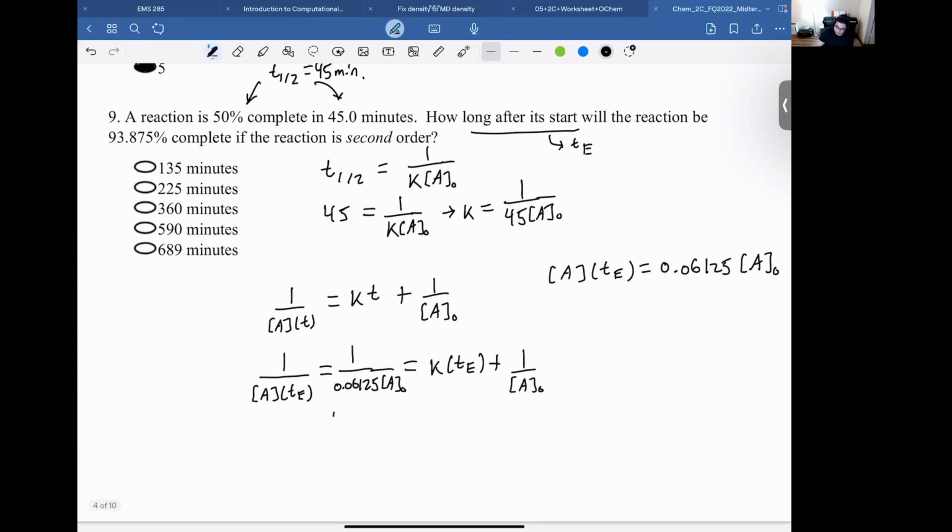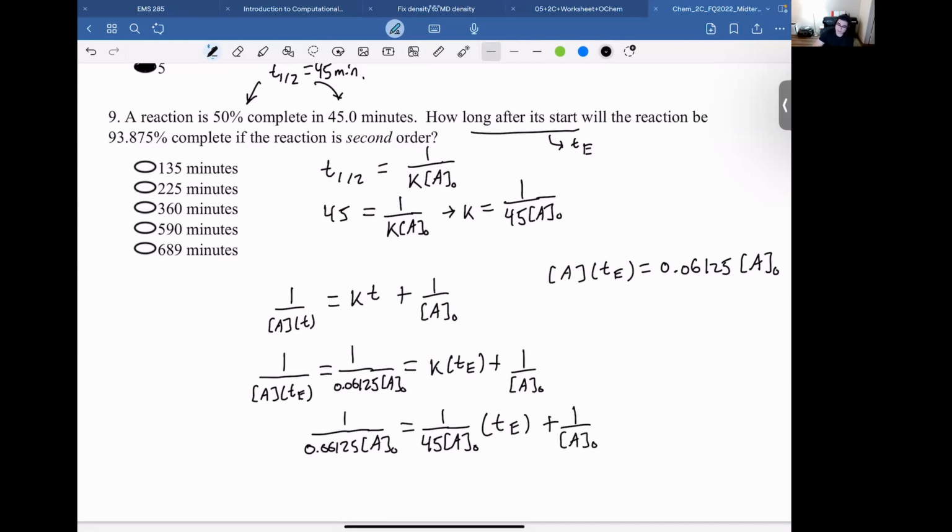Then when I plug it in down here, 0.6125 times A naught, that's equal to K, which is 1 over 45 times A naught times this time elapsed plus 1 over A naught.